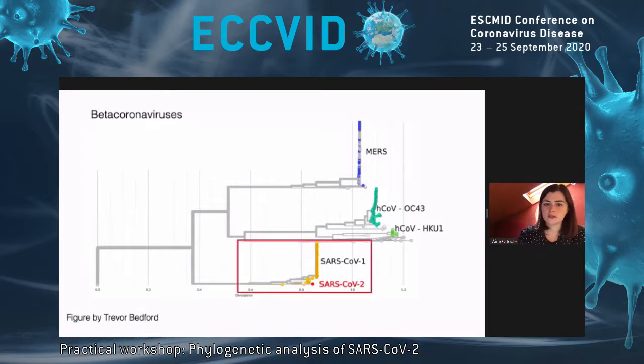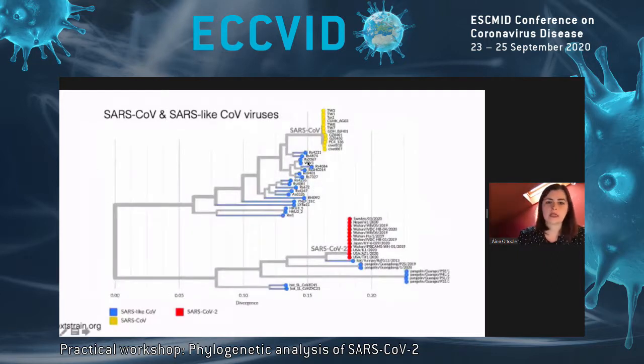If we zoom into the SARS and SARS-like coronaviruses, again we can see significant diversity here. Long branches between SARS-CoV-1 and SARS-CoV-2 like viruses, and SARS-like coronaviruses. But we can see that there is still a significant level of diversity.